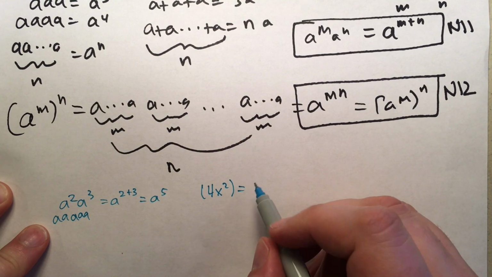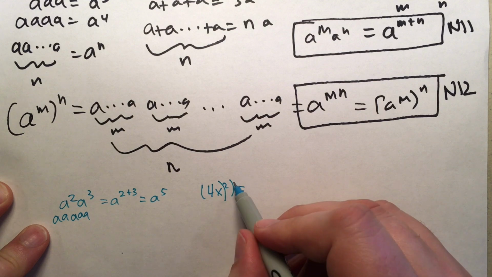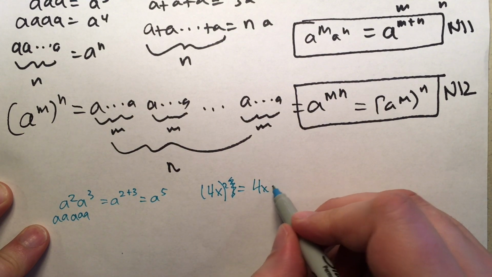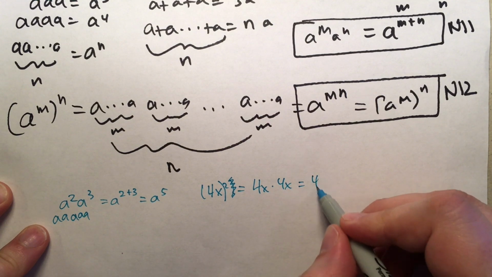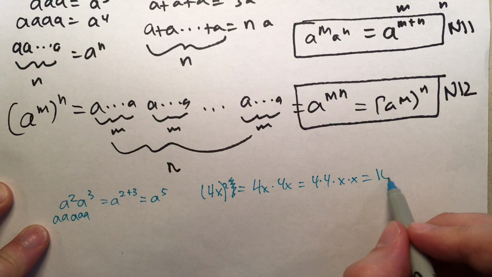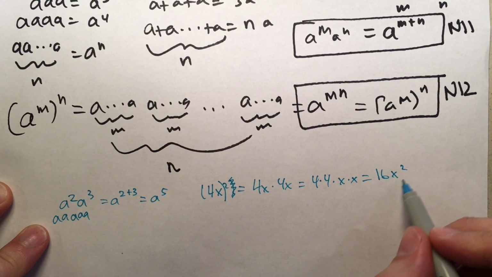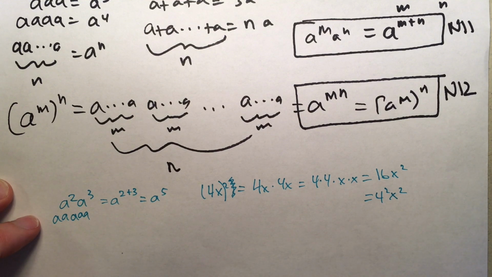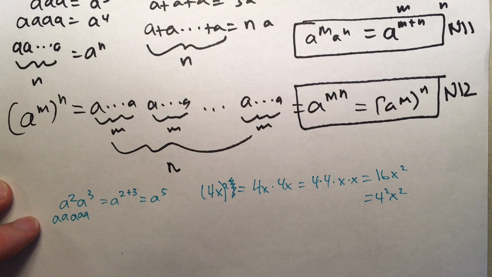Nope, I did the parentheses in the wrong spot. Quantity 4x, squared. It's going to be 4x times 4x, or 4 times 4 times x squared, 16x squared. Or, if you like to think about it, 4 squared x squared. That rule is not written out here. Ah, yes. One more rule.